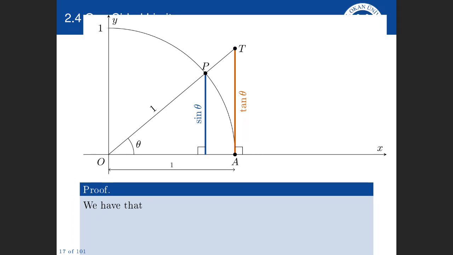There's two more things I'm interested in. I'm interested in this green line and this red arc. Now I have three areas I'm interested in.